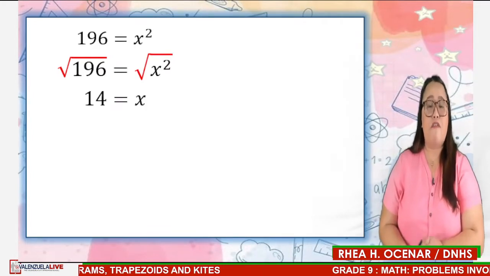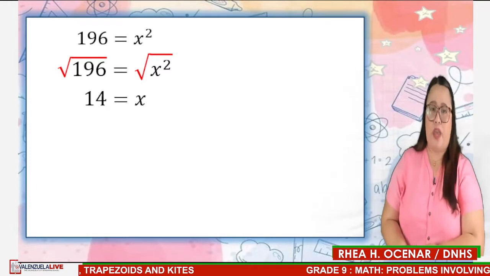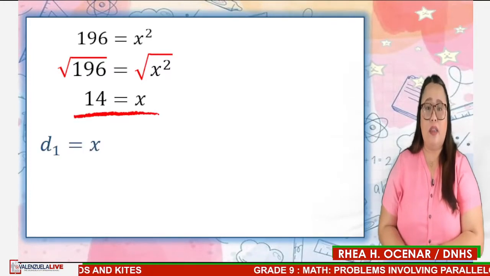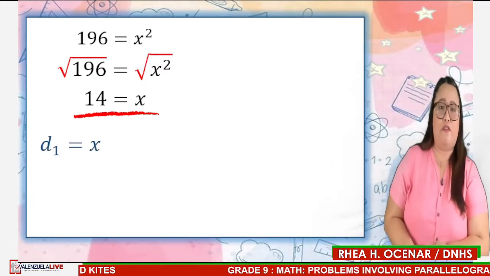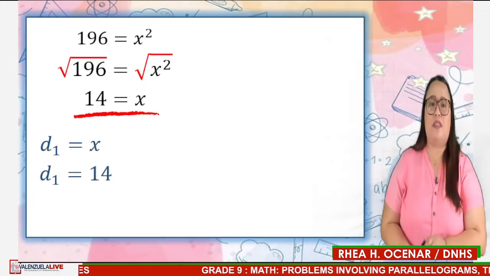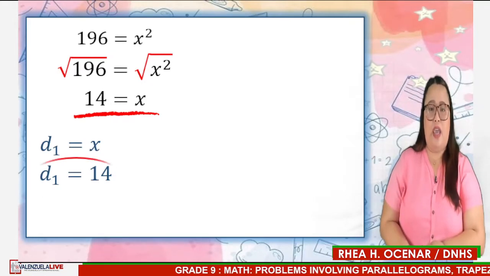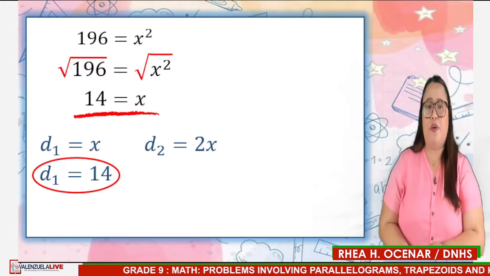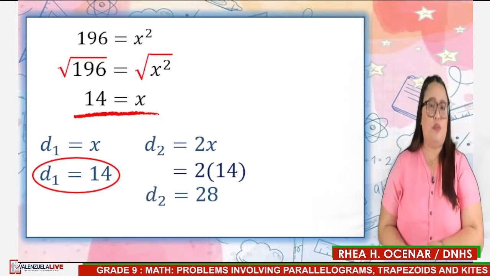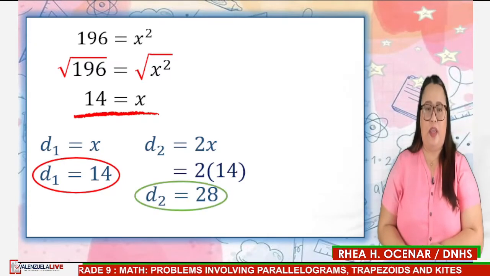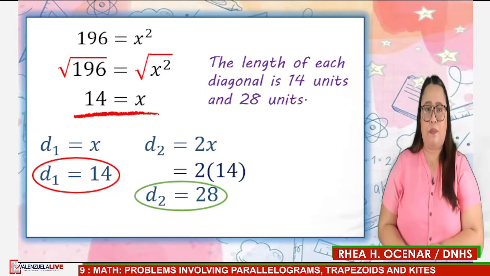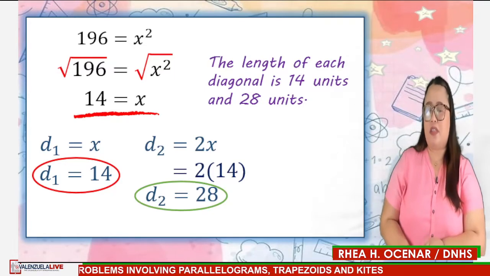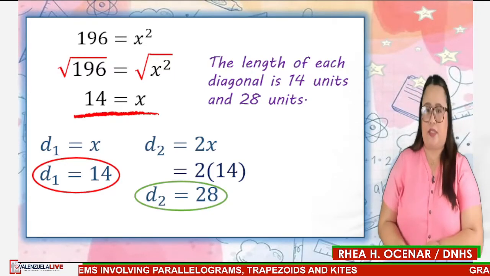So, 14 is equal to x. Since diagonal 1 is equal to x, diagonal 1 is equal to 14. And diagonal 2 is equal to 2x, therefore diagonal 2 is equal to 28. So, the length of each diagonal is 14 units and 28 units.